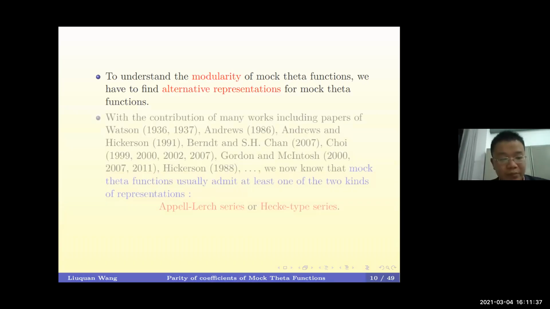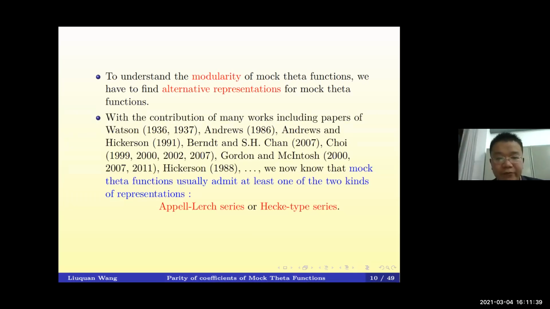And it has been a long time for mathematicians to find such simple representations. With the contribution of many works, including papers of Watson, Andrews, Hickerson, Berndt, Chan, Choi, Gordon, McIntosh, and many other mathematicians. I'm sorry, here I cannot list all the names.